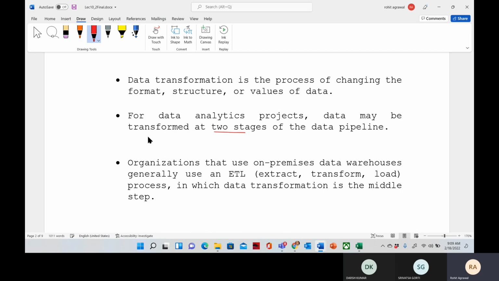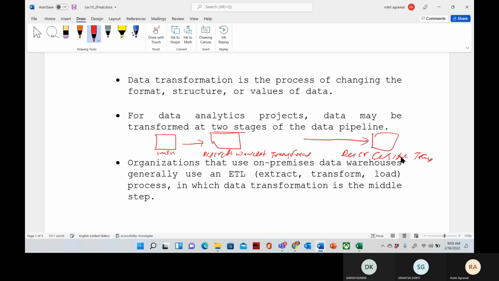Suppose I'm talking about an image. At the initial stage I apply one kind of transformation, that is DWT, discrete wavelet transformation, and after applying it, I can apply DCT, discrete cosine transformation. So it can be a pipeline, that means two stages.